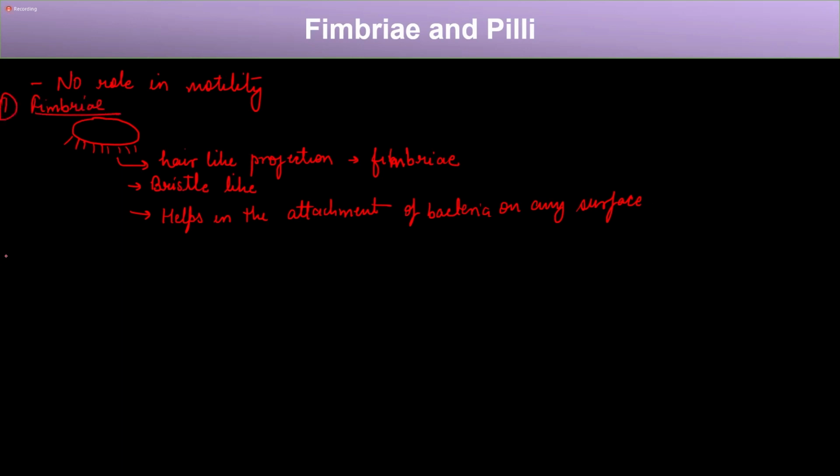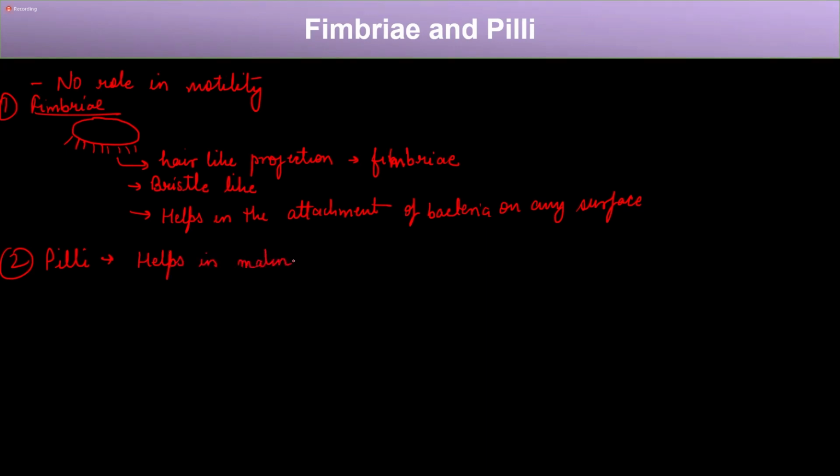The first one was fimbriae. The second one is pili. Again, pili has no role in motility. So what is the work of pili? Pili helps in mating.